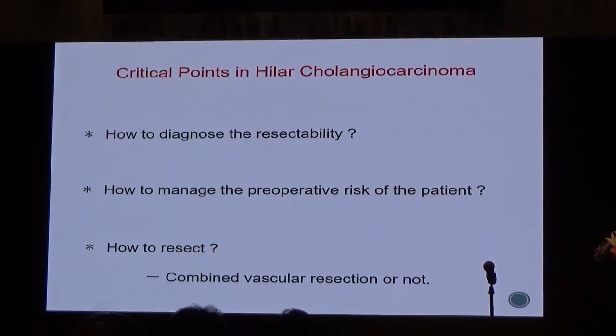It should be treated urgently by selective introduction of a biliary drainage catheter. And after improving the surgical techniques with microsurgical techniques, we could expand the surgical indication for locally advanced hilar cholangiocarcinoma. Thank you very much for your kind attention.